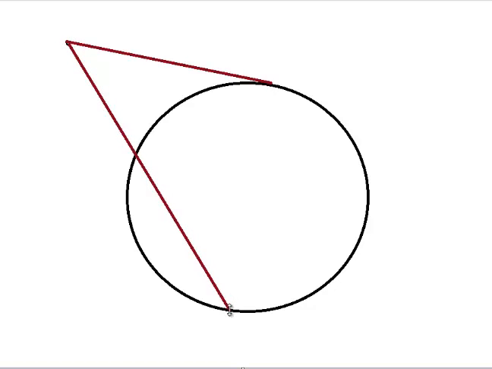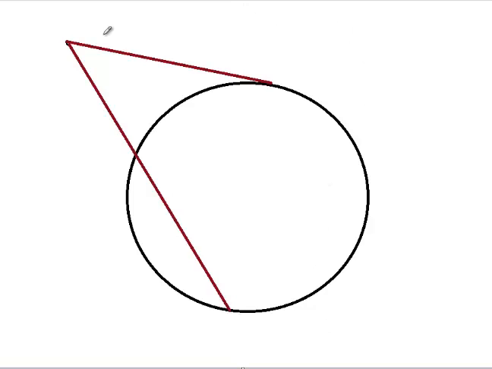The same rule, incidentally, applies when you're talking about a tangent and a secant, or two tangents. For example, if I have a point up here, and I have two line segments, one of them that goes here, and one of them that goes here, same rule.